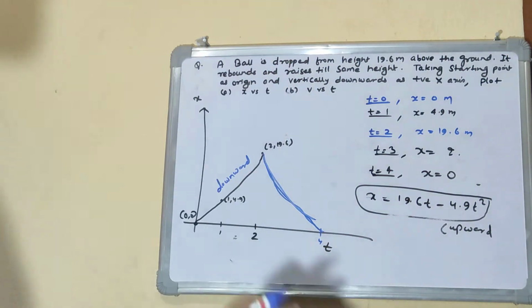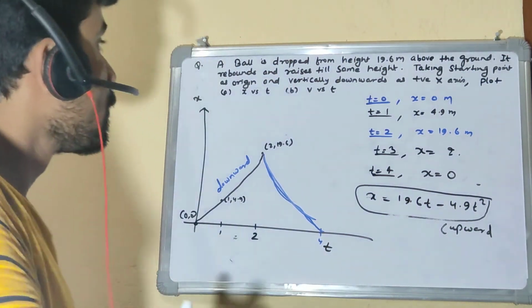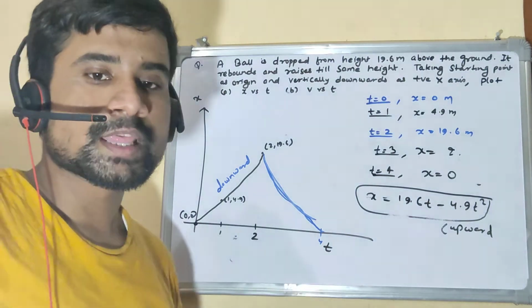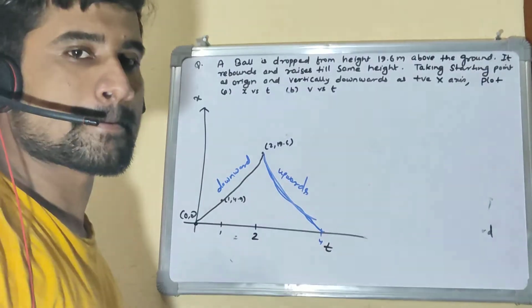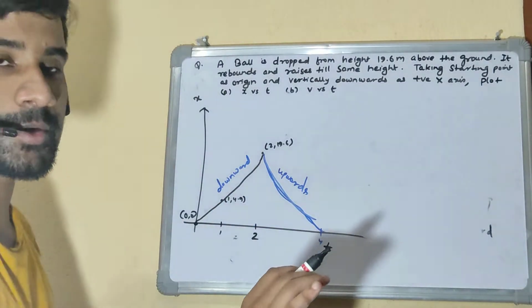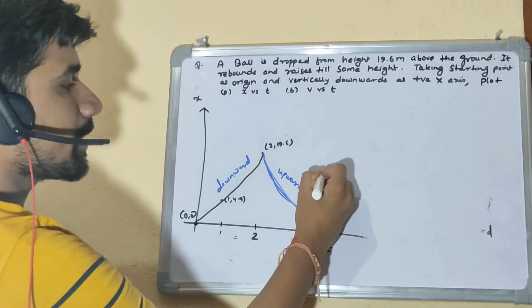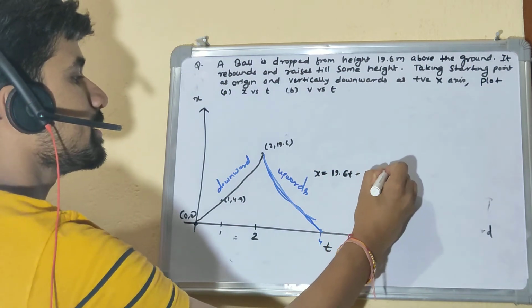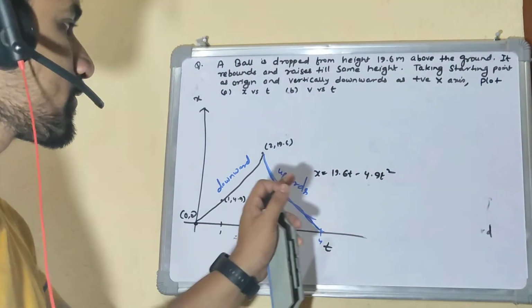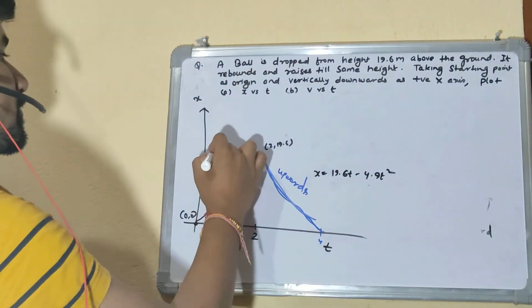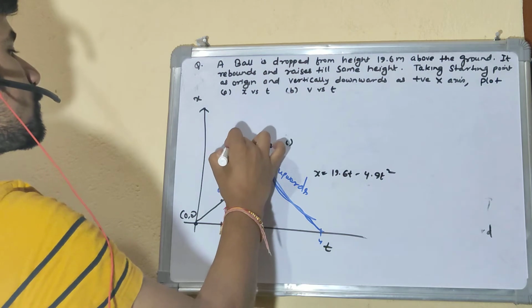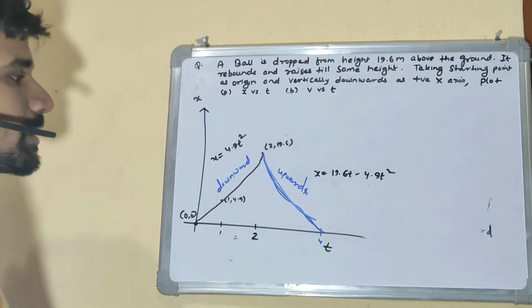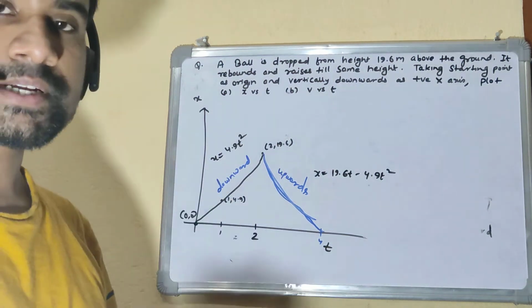This is how the position-time graph will look for this particle. For the upward motion, x varies like 19.6 t minus 4.9 t square, and for the downward motion x varies like 4.9 t square. So this is how we can plot distance and time.